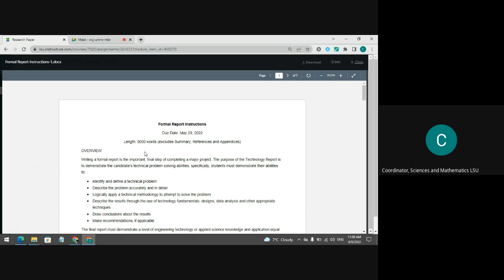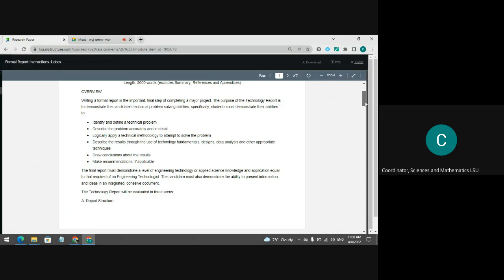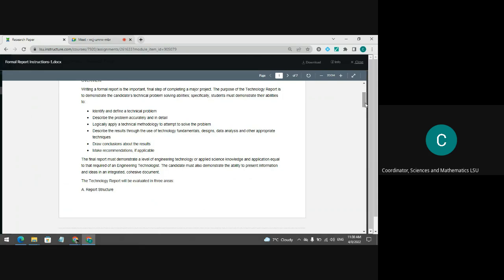So how are you going to write the formal report, your technical report? First, you have your problem, right? You have that in your research proposal, and then you apply the technical methodology, and then you present the results, that is from the second part that you had submitted, the data from the research that you had done.